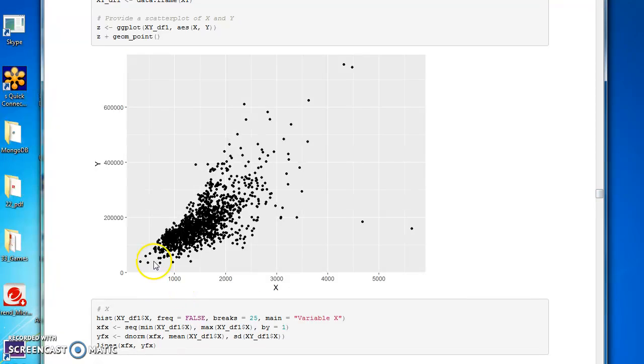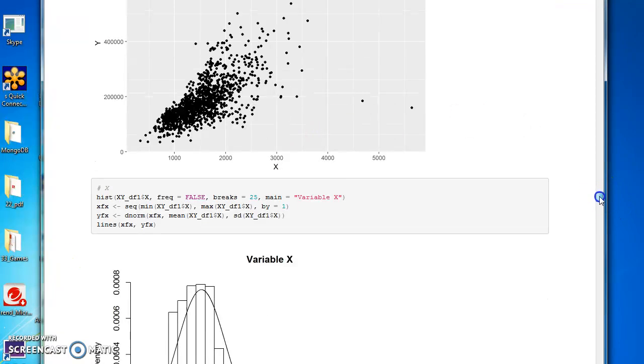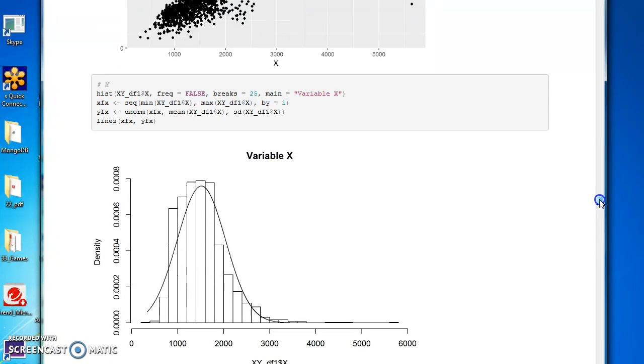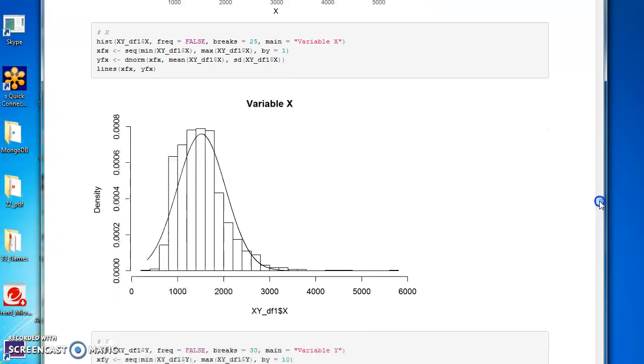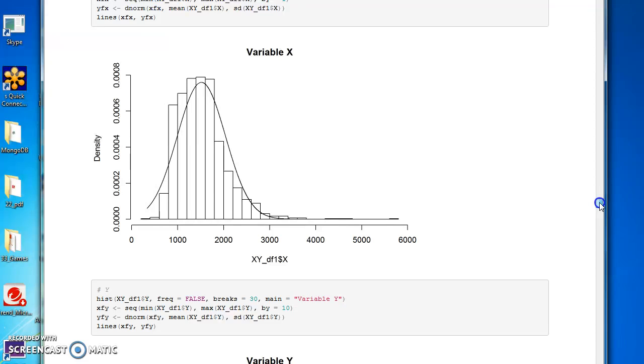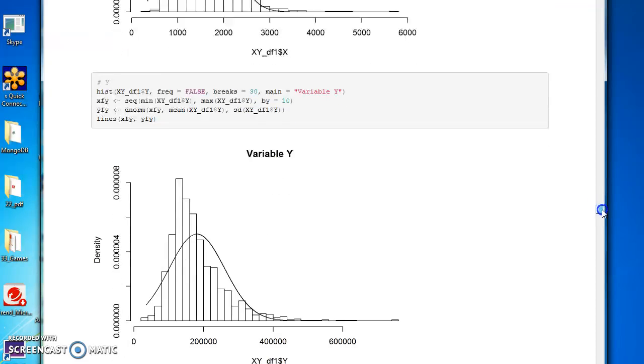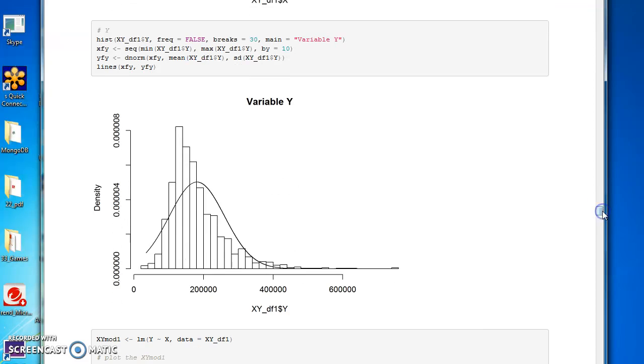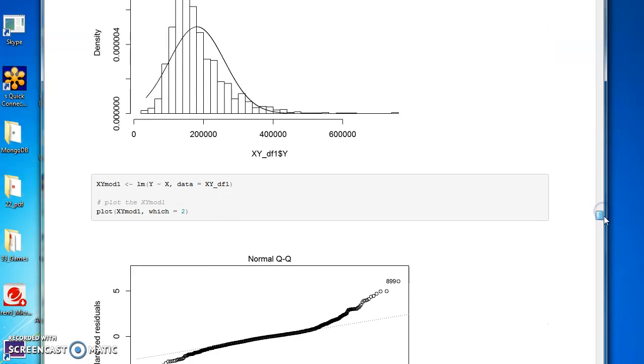So you see somewhat of a linear relationship going up to the right, and X is plotted here as a histogram, somewhat normal, skewed to the right. Y is again skewed to the right.